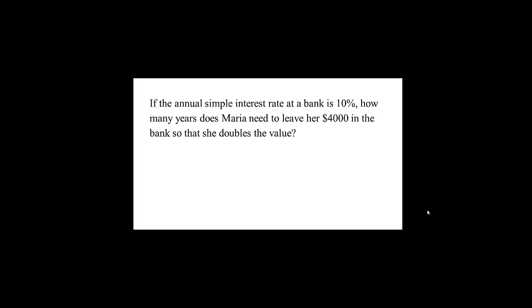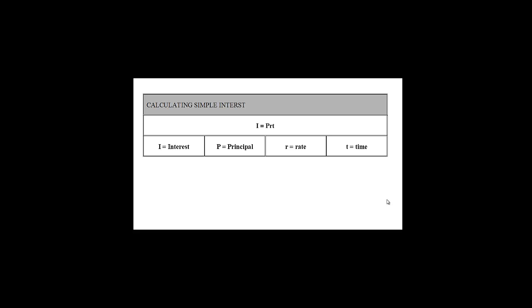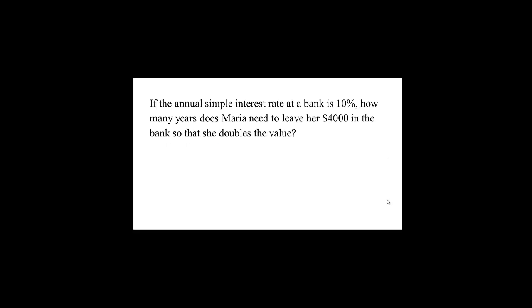Since we're talking about a simple interest rate at a bank, we need to use our simple interest formula, which is I equals PRT, I being interest, P being the principal, or what we start with, R is the rate, and T is time. So we've been given the initial amount, 4,000. We have our principal. We have the rate too. The question is, how many years does she need? So it's asking for time.